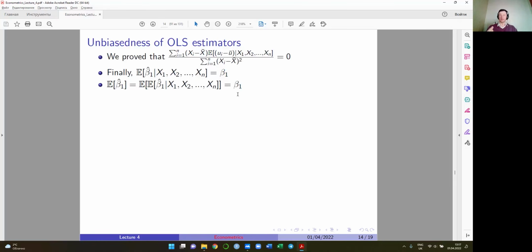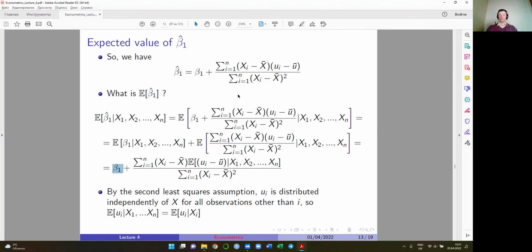We want the estimator to be unbiased. And look, if this condition doesn't hold, then this is not 0, and we have some mess. We have some additional term added to beta 1 that is going to deviate our estimation either to the left or to the right. And this will give us a lot of problems.